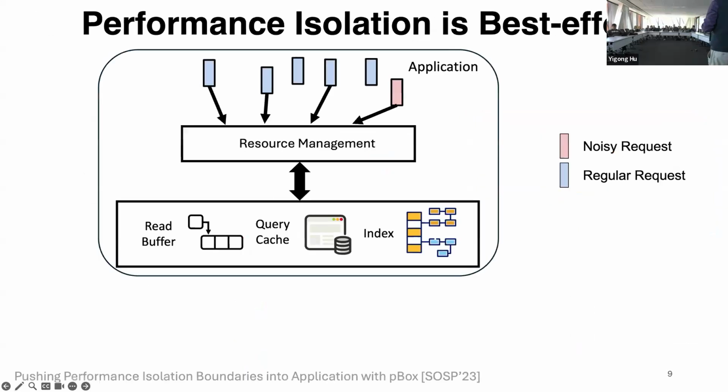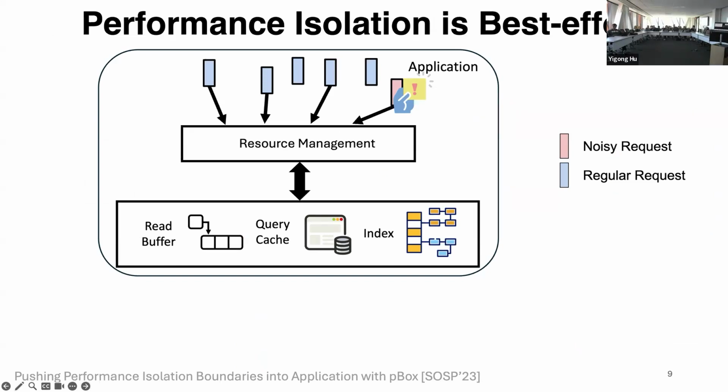That's why in modern systems, we have designed new techniques that trace application resource usage from the system, find the problematic queries, and then maybe give some penalties to these queries.